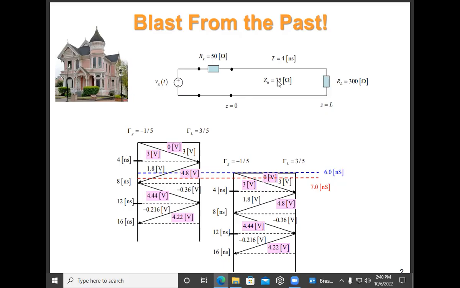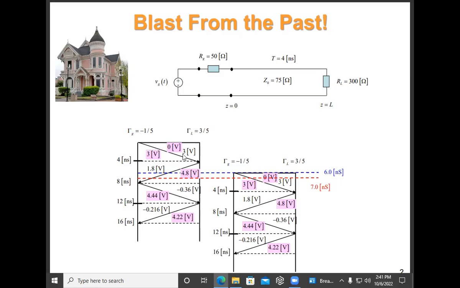Voltage divider, 75 over (75 plus 50). So that'll come out to be exactly 3/5. Which gets multiplied by 5 to give a nice even 3. So 3 volts is the label for this wave coming out here. That's the incident step function wave coming out from the generator if we're doing a step function problem.